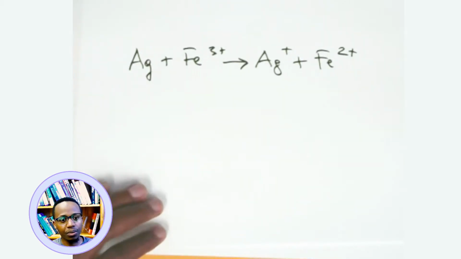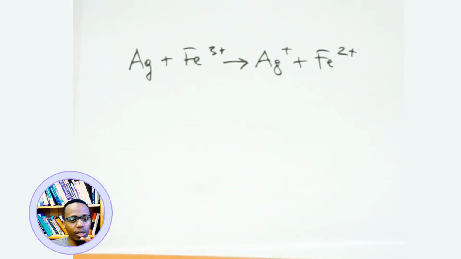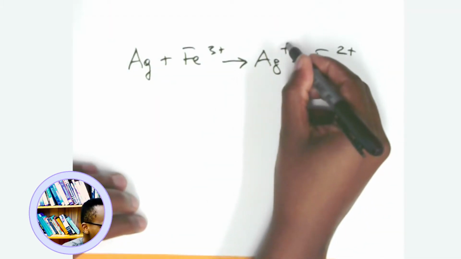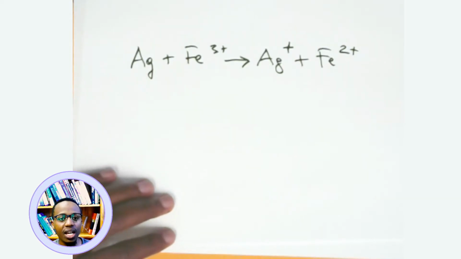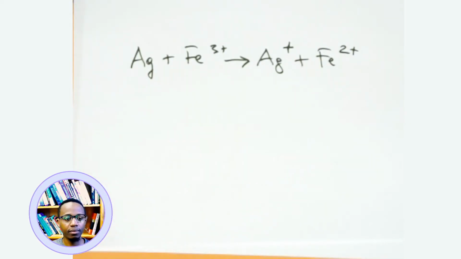All right, so if we look at this, it's pretty easy to start to see, okay, Ag became Ag+. So did Ag lose electrons or did Ag gain electrons? Ag lost electrons, right? When something becomes more positive, it has lost electrons. When something becomes less positive, it has gained electrons. And this is because electrons are negative, right?